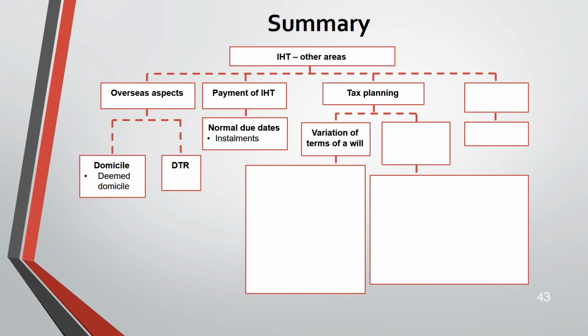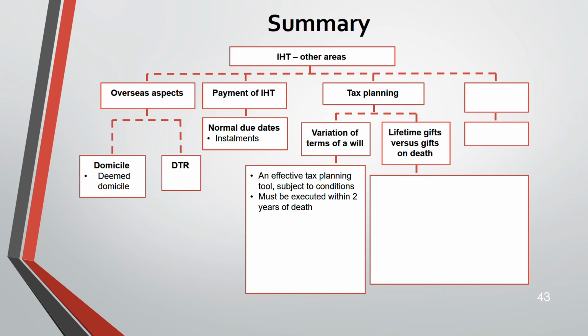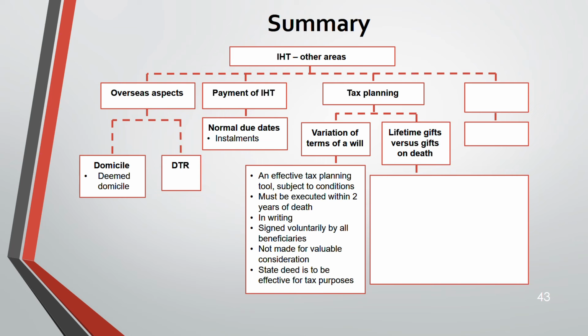Tax planning: variation of terms of will, lifetime gift versus gift on death. You can vary the will as an effective tax planning tool subject to some conditions. This must be executed within 2 years from the date of death. It has to be in writing. It should be signed voluntarily by all beneficiaries. It should not be made for valuable consideration and it should state that the deed is effective for tax purposes.